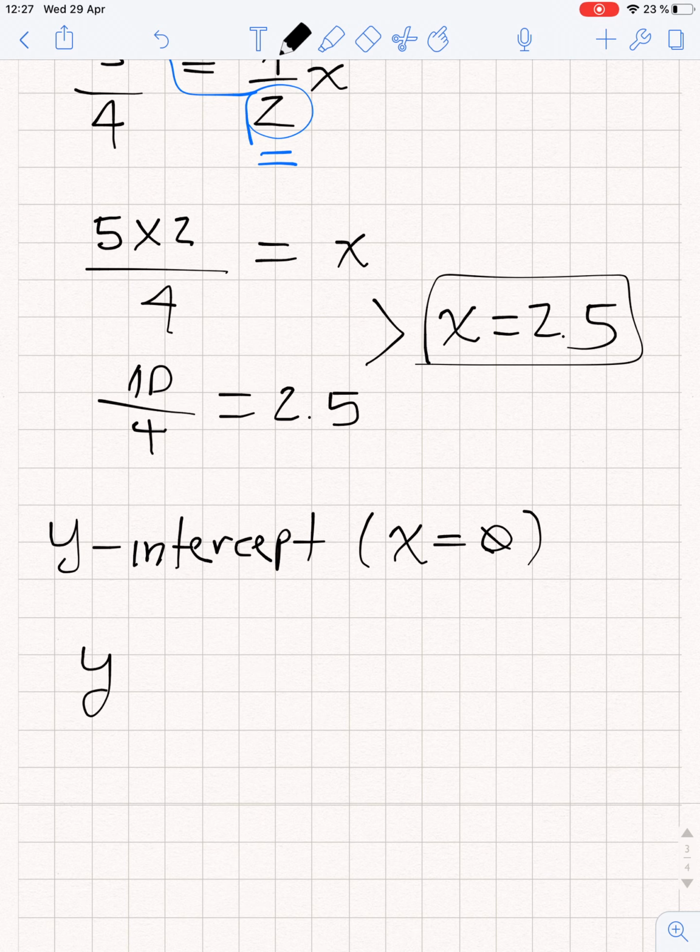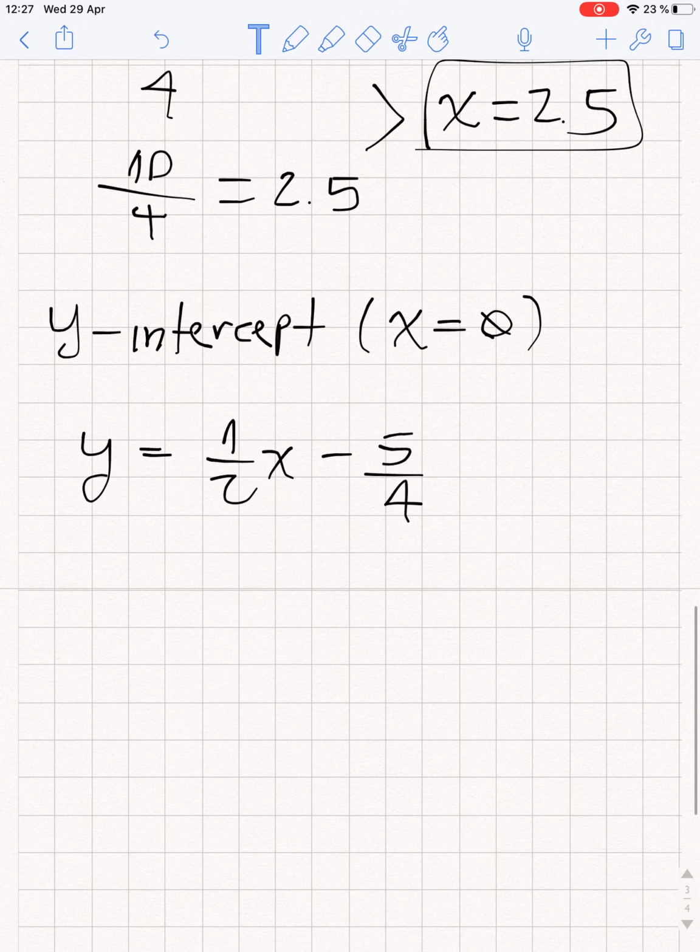In this one, I'm going to write again the expression and make x equal to 0, which means we will have y equal 1 half times 0 minus 5 over 4.